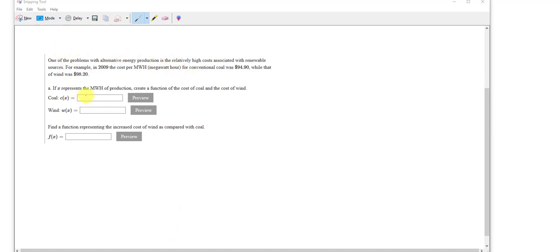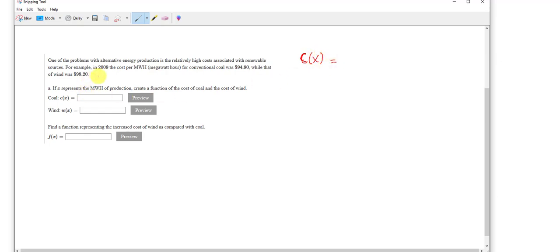So they ask you to find the cost of the coal production. So C of X, this is the cost. So X is what? X is the hours, right? If X represents the megawatt hours of production. Now they ask you to create a function for the cost of that. So depending on how much megawatt hour you use, if you use more of that, the cost is more.